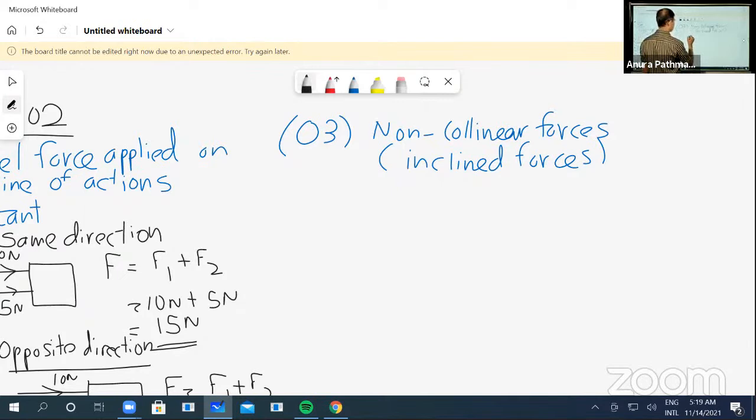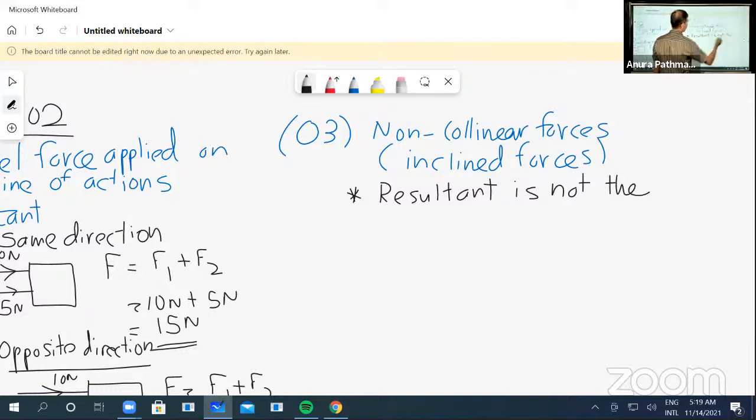Right. Resultant is not the sum of two forces.